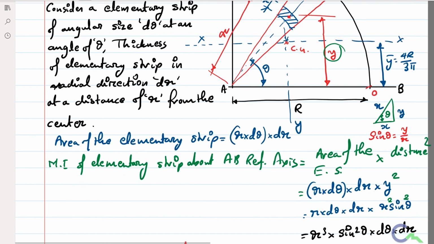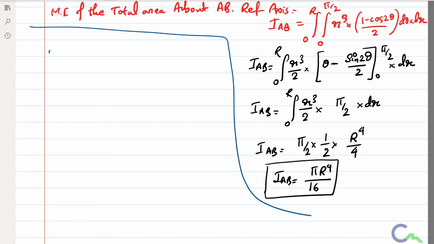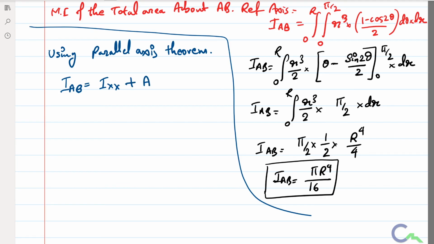I can use the parallel axis theorem; you can refer to the previous video for what the parallel axis theorem is. The moment of inertia about a reference axis which is parallel to the centroidal axis is equal to the moment of inertia about the centroidal axis plus the area of the figure into the distance between the reference axis and centroidal axis, which I will take as h square.